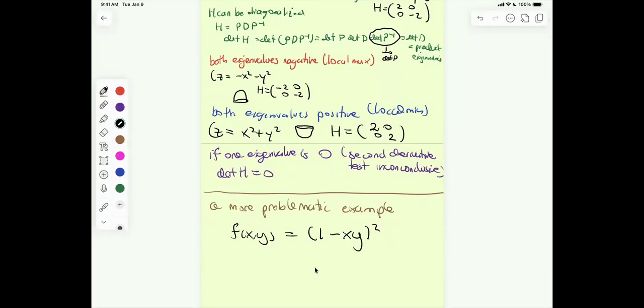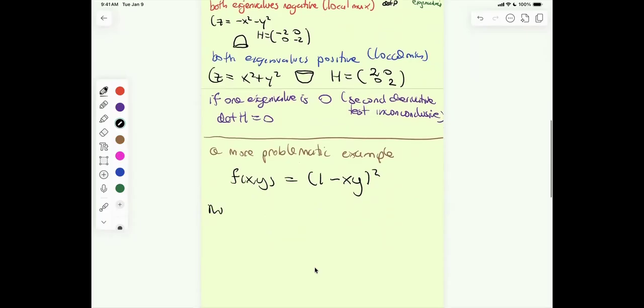So notice that f of x, y is always greater than or equal to 0 and becomes exactly 0 on the hyperbola, when 1 equals x times y, which is y equals 1 over x. That means any point on this hyperbola is a global minimum for the function, which is what I was showing you.